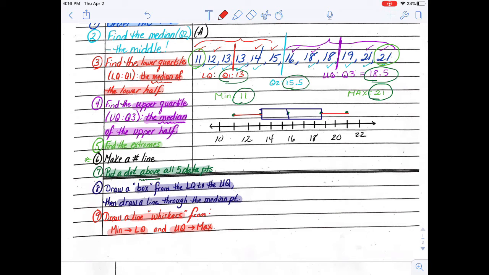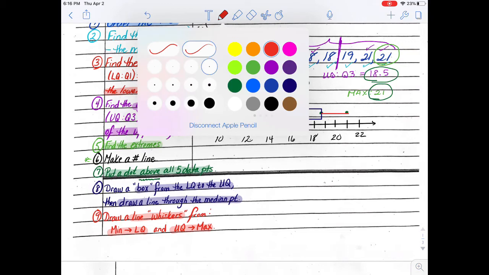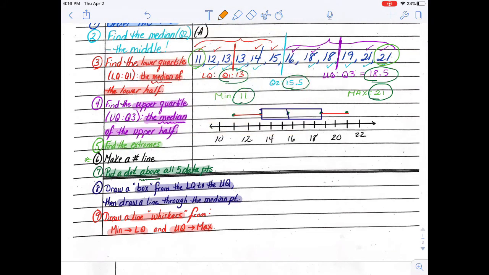Now what's important about a box and whisker plot is the fact that it tells me a lot. Quartiles, first quartile, second quartile, third quartile. Quartiles are like quarters. They represent 25% of all the information. So I know that 25% of all my numbers in my list are on that line.